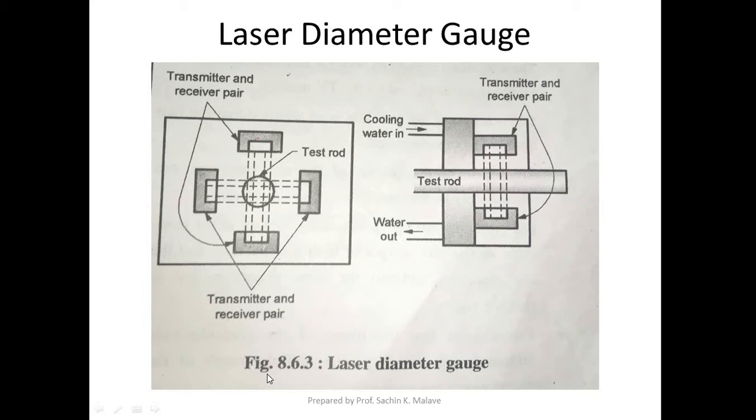So as you can see, this is the rod whose diameter is to be measured. This must be an opaque rod, isn't it? So the objective is to measure the diameter of this particular rod. How it works: the instrument uses two parallel beam transmitter-receiver pairs.